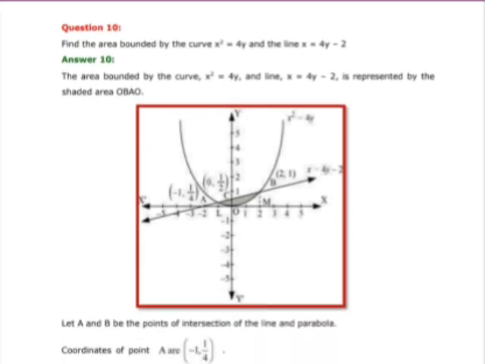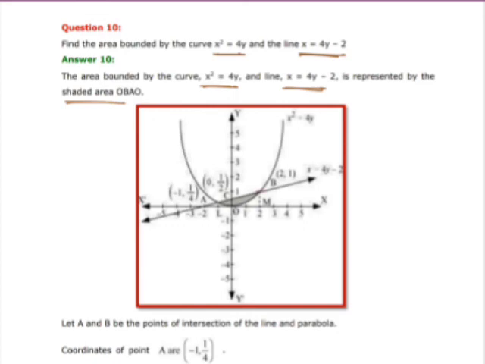So next, the 10th one. Find the area of the curve x square equals 4y and the line x equals 4y minus 2. The area bounded by the curve x square equals 4y and the line x equals 4y minus 2 is represented by the shaded area OBAO.